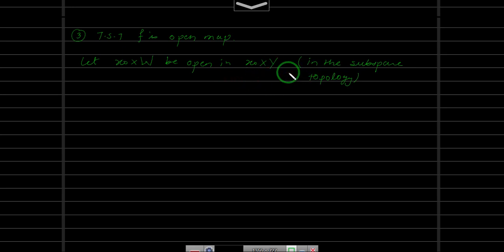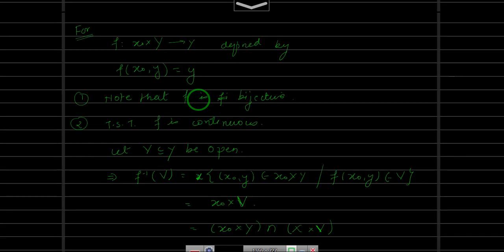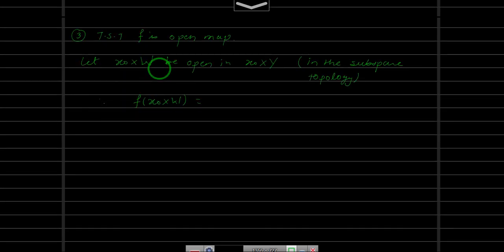And if you take the image of this set x naught cross W, and if we see the definition of f, you are taking all those tuples and mapping each point to its second coordinate. So the image of x naught cross W will be the same as W. Now remember our aim is to show that the image of x naught cross W is open in the codomain Y, and equivalently we need to show that W is open in Y.